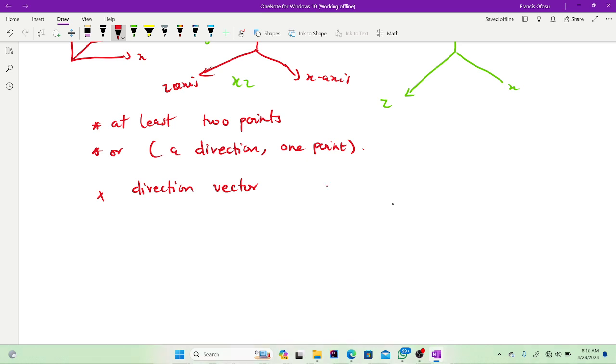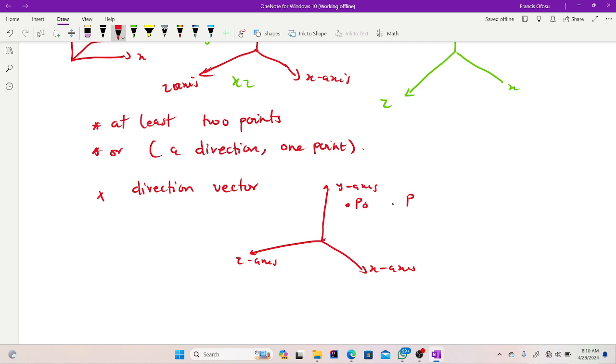So now let me give you a pictorial view of what we're going to do. This being our z-axis again, this being our x-axis, and this being our y-axis. I'll have 2 points, a point P naught and a point, let's say, P, right?